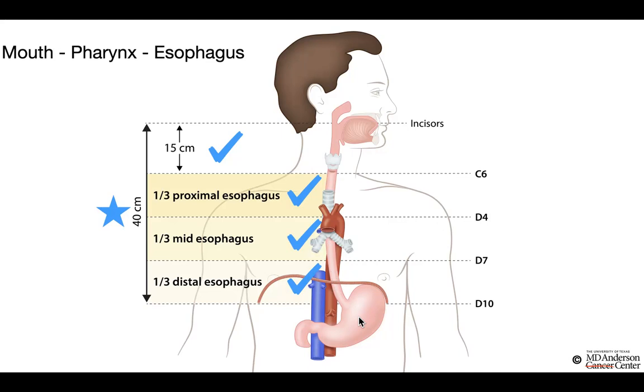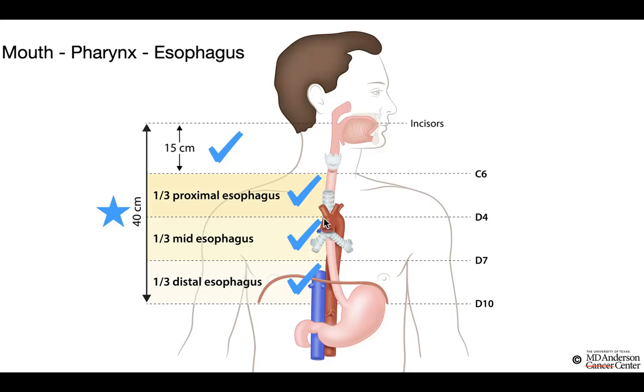When you look at the muscular structure from the mouth, when you take a swallow, it is a voluntary movement. And from here all the way down the pharynx to the upper esophagus, these structures are made up of skeletal muscle that is responsible for voluntary action, like chewing and swallowing.